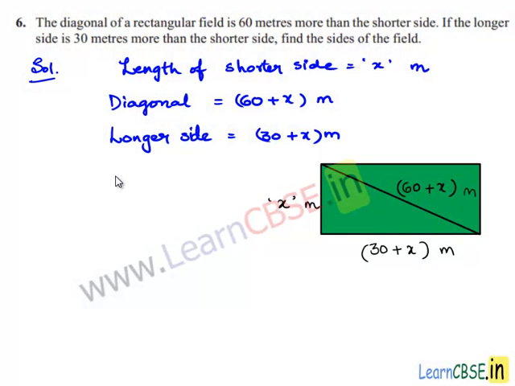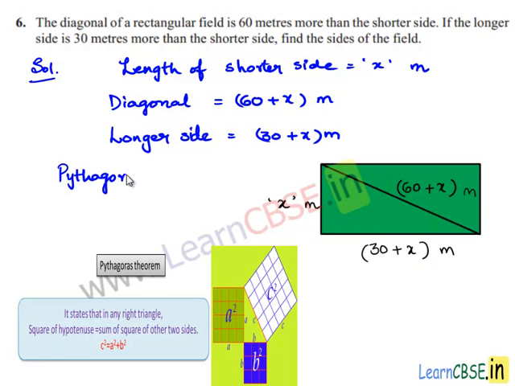So applying the Pythagoras theorem, longer side square plus shorter side square is equal to diagonal square. So we can write x square plus 30 plus x whole square is equal to 60 plus x whole square.